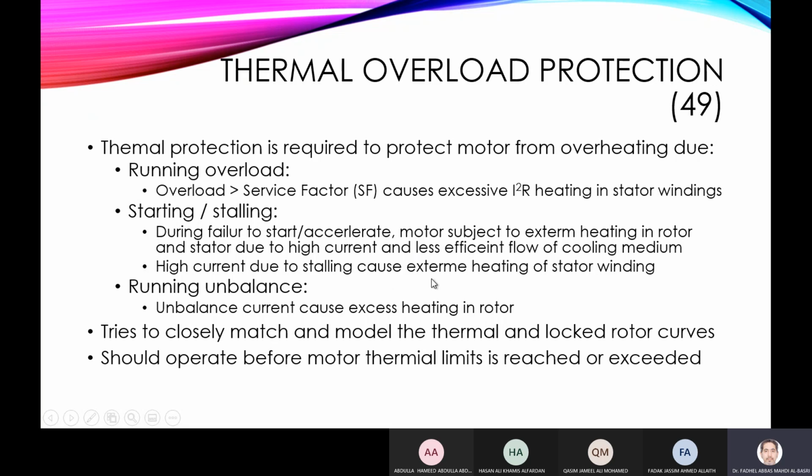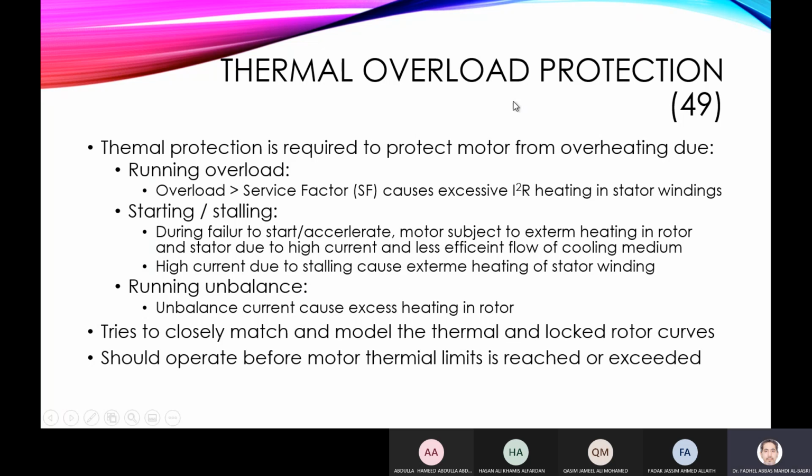So this is a very important protection principle, which you will see in any motor, at least thermal overload protection. And what do you want to do here?